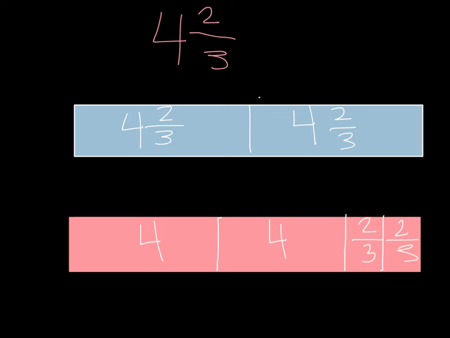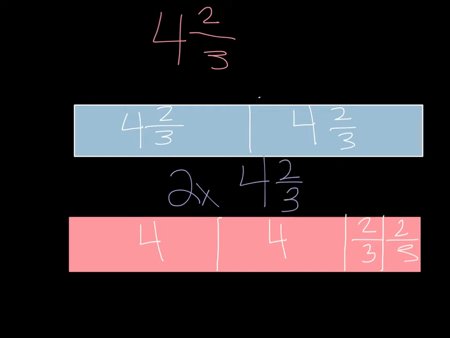The second part of this question asks you to write a multiplication expression to match each diagram. So let's look at our first diagram up here. Since we just have 2 units of 4 2/3, we can just write 2 times 4 2/3.